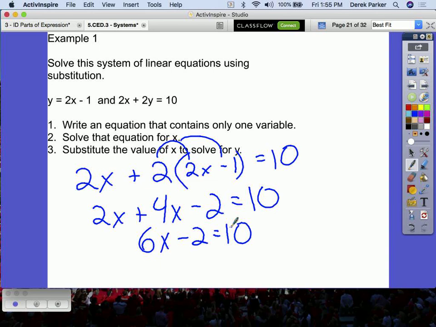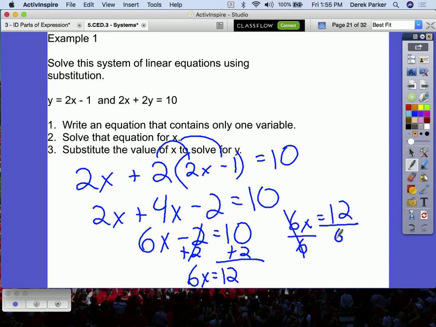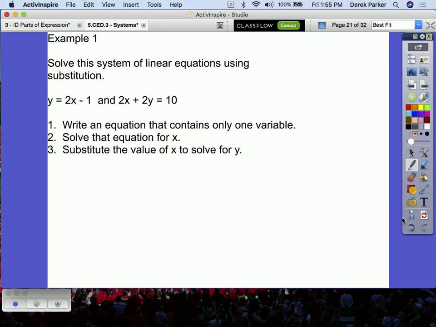I solve that by adding 2 to both sides, and I get 6x equals 12. And now I solve for x. And x equals 2. So in this problem, x equals 2.